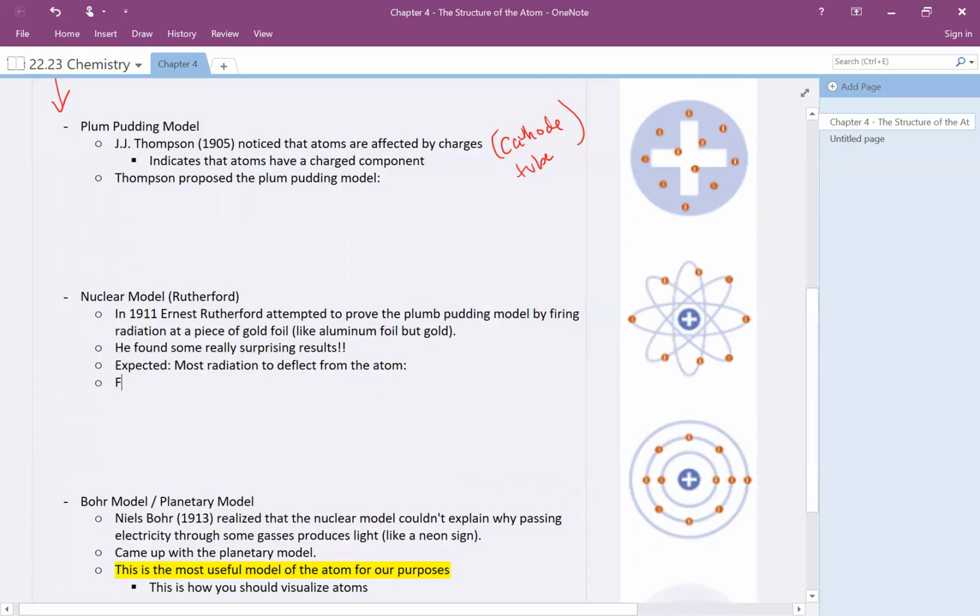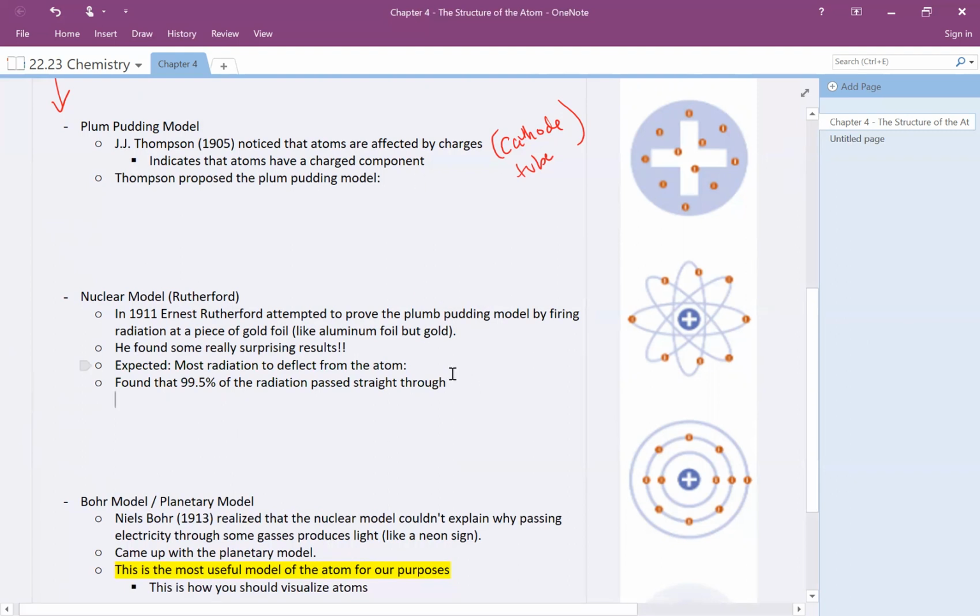He found that 99.5% of the radiation passed straight through, undeflected, indicating that it ran into nothing. And this was pretty shocking considering he thought the atom was mostly full.